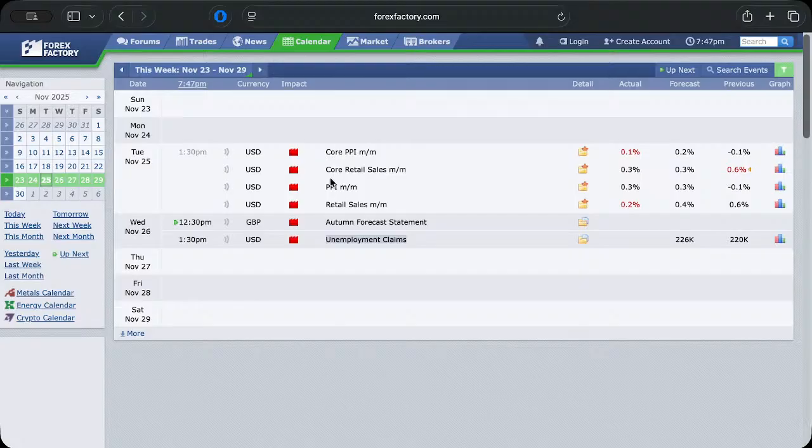Yesterday we had core PPI, which came out negative for the US, and that has seen the euro gain in strength. The euro against the USD has been bullish.